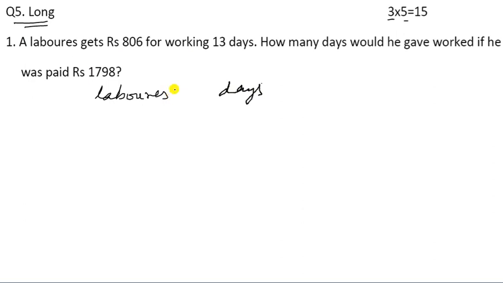So orange and cost are in direct variation, hence x upon 48 is equal to 108 upon 24.